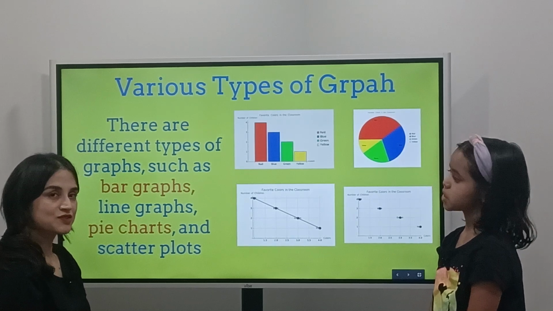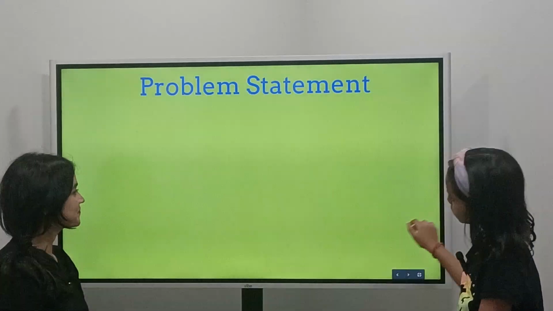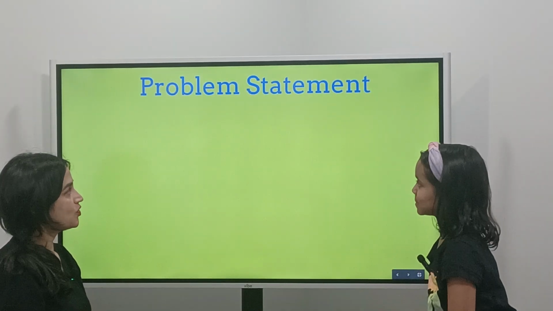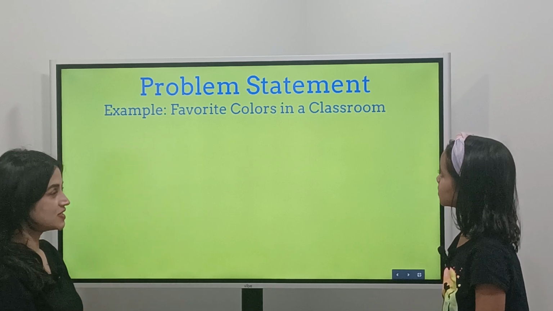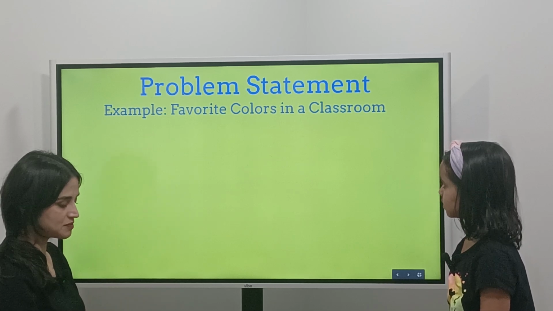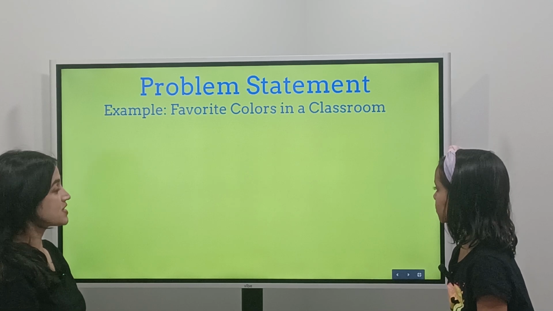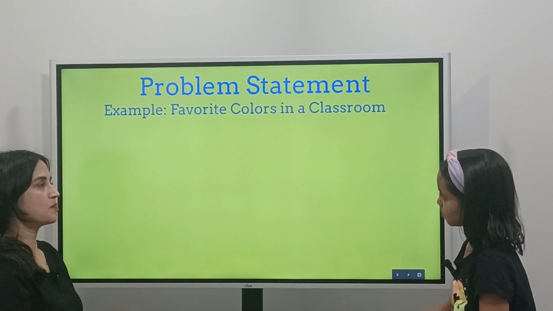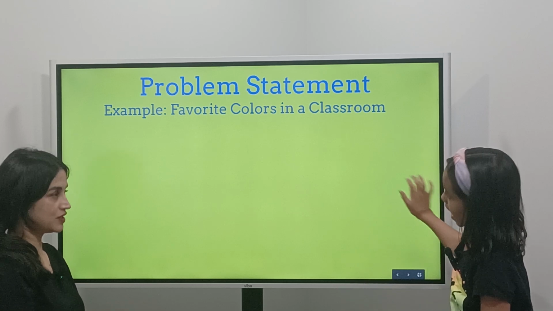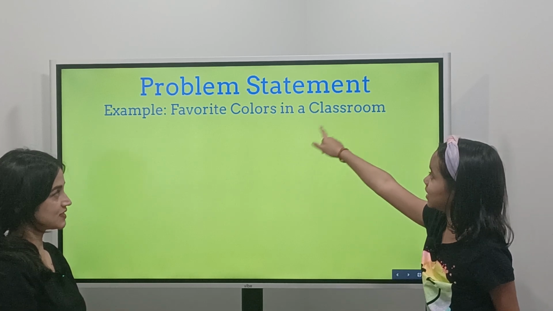Okay, let's go to the next slide. If we don't have a graph, we have a problem. Let's see how it is in the problem statement. Example: favorite colors in a classroom. How are we going to solve a problem in words? By the way, the title is a hint for favorite colors in a classroom.